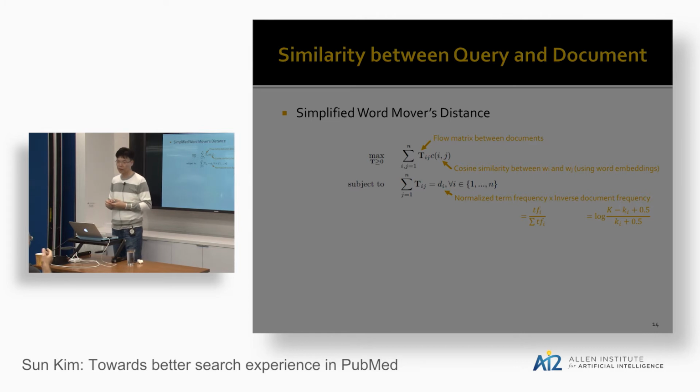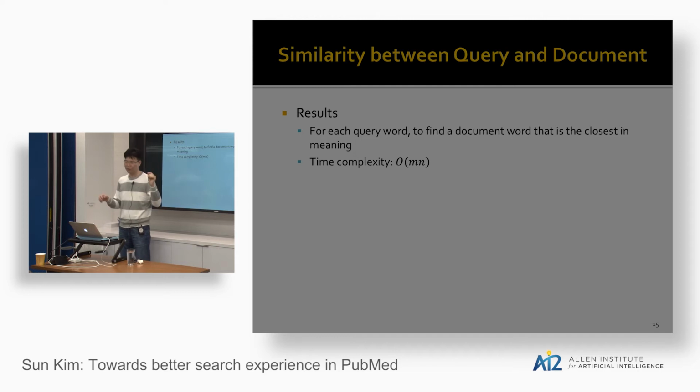And for every document, is it the average of the embeddings in that document? No. Now you have to maximize the cosine similarity between query and document using this full matrix T. The solution of this one, I just simply summarize here. If you compute that, the maximum value you can get every time is when we match the closest word from document and query.